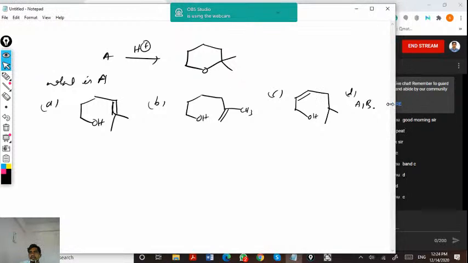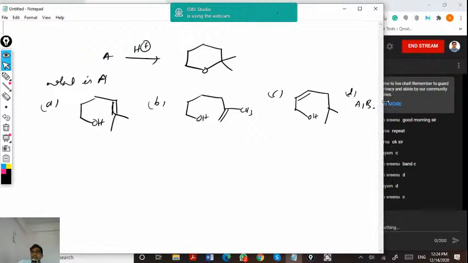So if the question is like this, how to solve it? You need to try and test whether it is going to give the final product as expected or not. This is called the trial and error method. Take A, add H plus, and further do NGP. Will it give the product? If it does, it's correct. Again take this one; if it gives the product, it's correct. If not, it is wrong.